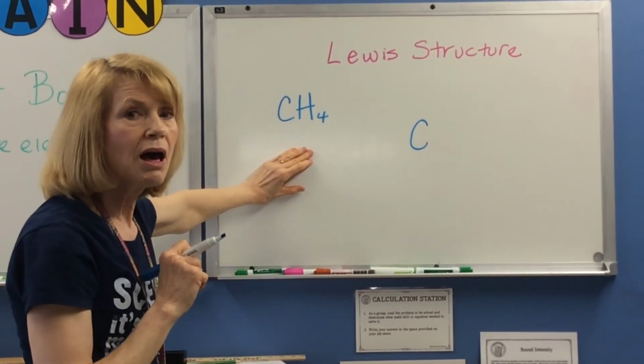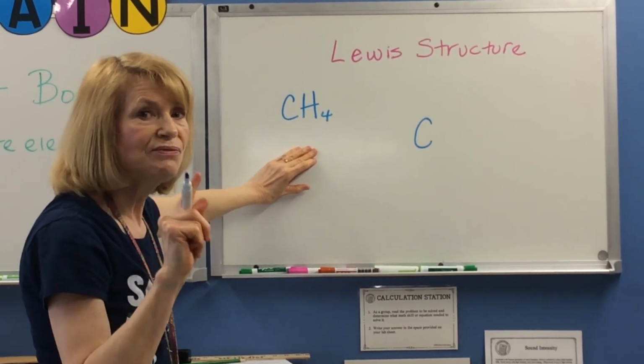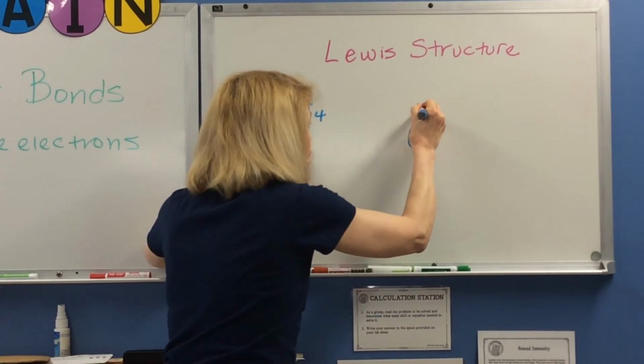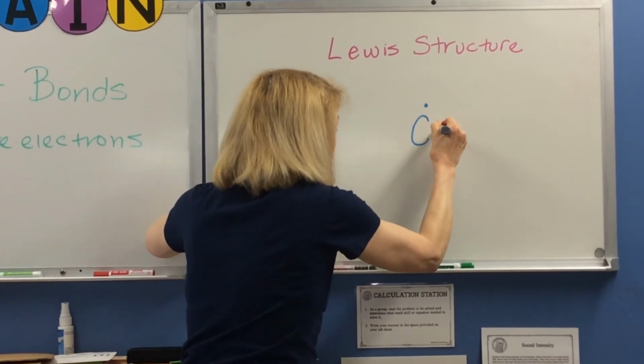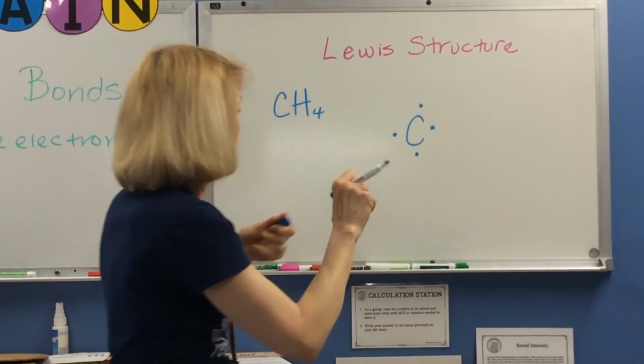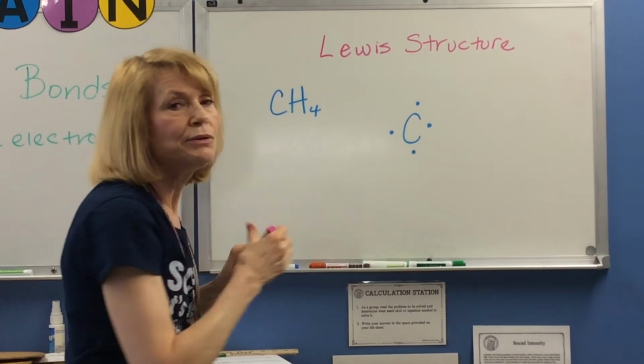Carbon is in the 4th column. Carbon has 4 valence electrons. 1, 2, 3, 4. I've got 4 hydrogens.